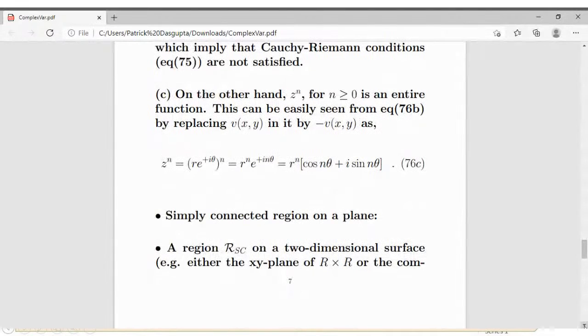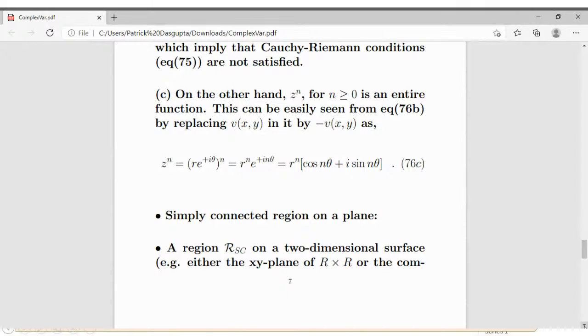Now we are going to talk about some very important results like Cauchy theorem. And for Cauchy theorem, we require certain concepts which are topological concepts. Okay? That means connectedness of a plane region.